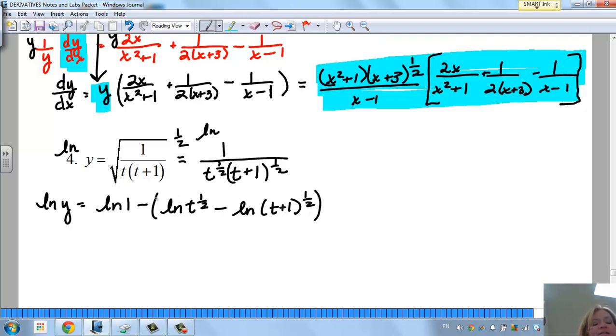Excuse me, this should be a plus, I apologize, I'm thinking ahead. You have natural log of 1, and then these two are hooked by multiplication, so there's a plus. But what I was thinking ahead is I've got to change the sign of that when I get done.